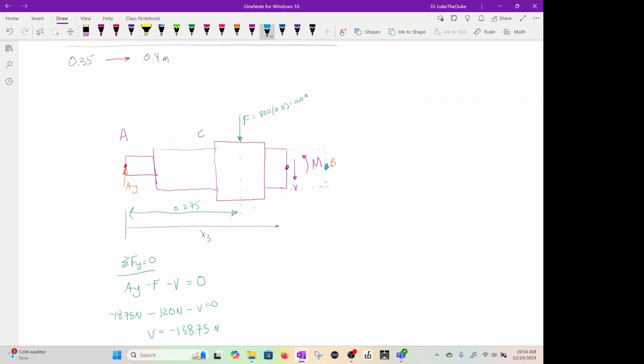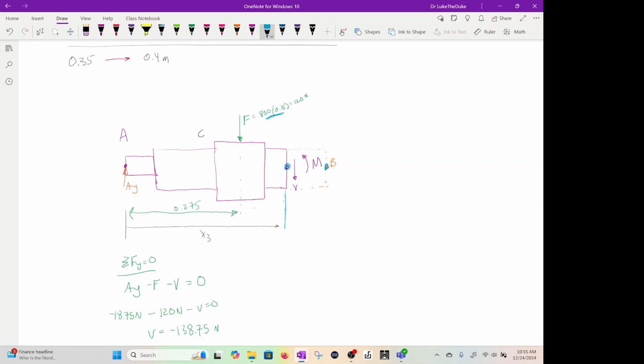So we have AY now. We have F. We have now V in the moment. We defined X3 from AY over. Okay, pretty much right to there. This now is what we did way before, and it acts 0.275 from AY. Okay.